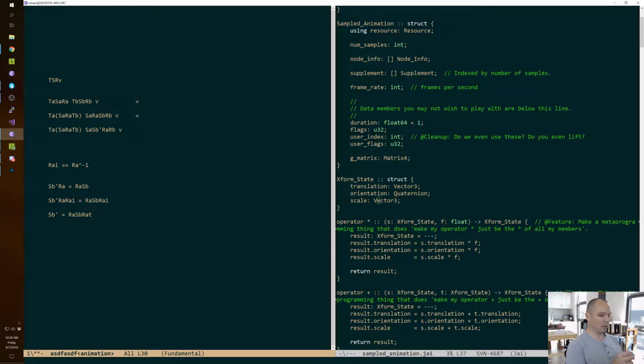So I'm going to write RAT for transpose. Transpose is a lot cheaper. You could just implement a transpose multiply and it just goes. For quaternions, if this was a quaternion transform, this is just the conjugate quaternion, which is also a cheap thing to compute, but that's not what we have here. So SB prime is RA, SB, RAT.